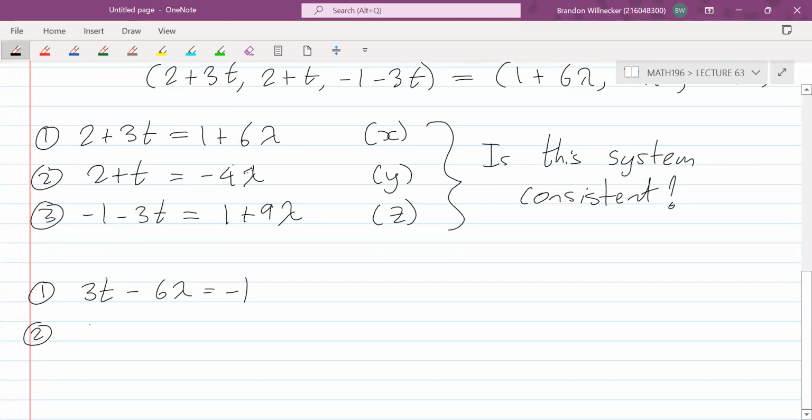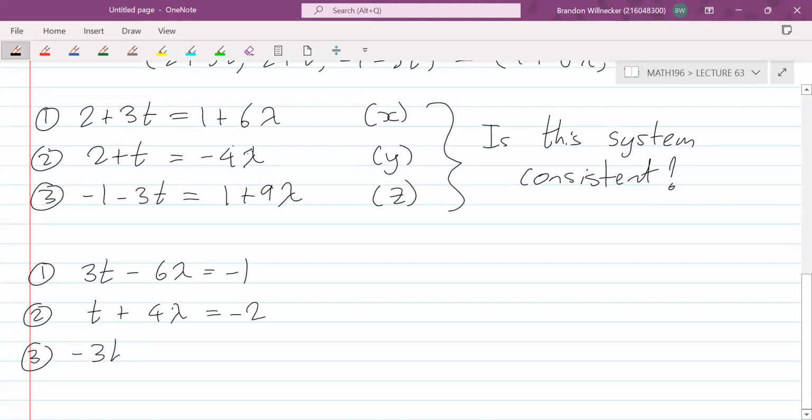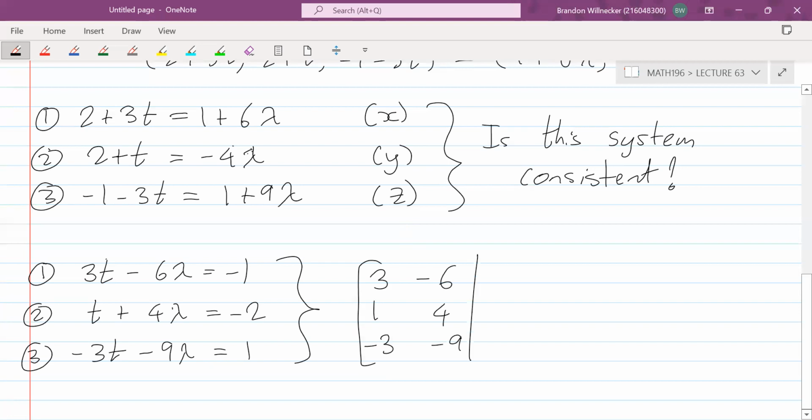Number 2 we can write as t plus 4 lambda equals -2. And number 3 we can write as -3t minus 9 lambda equals 1. From this, we can get a matrix equation: the matrix with rows (3, -6), (1, 4), (-3, -9), augmented with -1, -2, and 1.